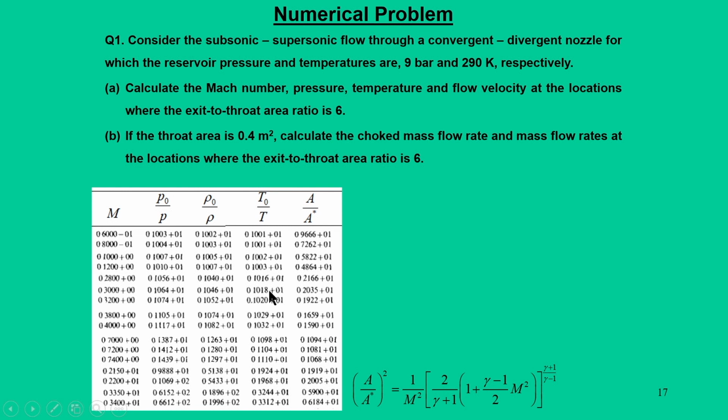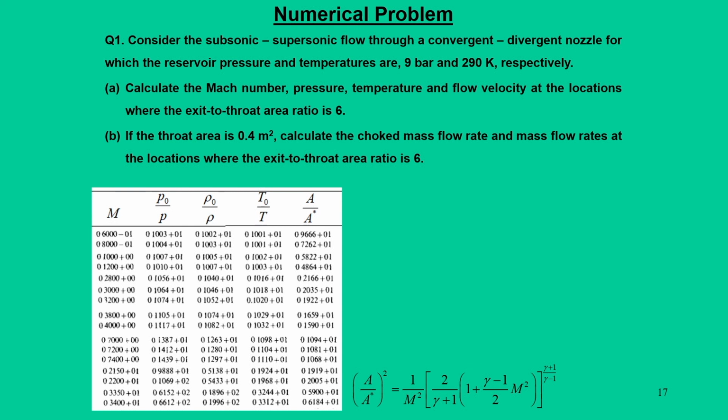So, this is all about the isentropic nozzle flow, and it is characterized as shock free, and we can have a supersonic flow or a subsonic flow in the nozzle. With this we come to the end of this lecture, and now I will try to solve some numerical problems based on the isentropic flow in the nozzle.